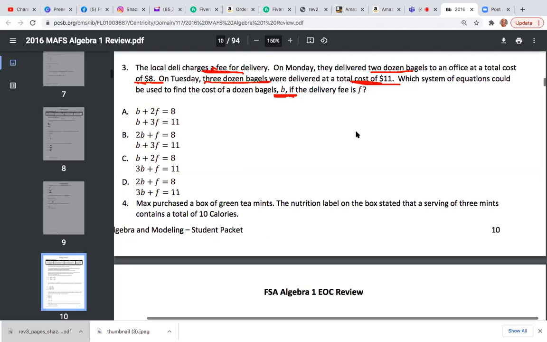Whether you buy it on Monday or on Tuesday, whether you buy 2 dozen or 3 dozen bagels, it's the same fee. That was a nice hint. So now that I've given you this hint, which one is the correct answer? Remember, B is the cost per dozen bagels, and the delivery fee is the same price. Yes, every day you ask for something to be delivered, they're going to charge you the same fee.